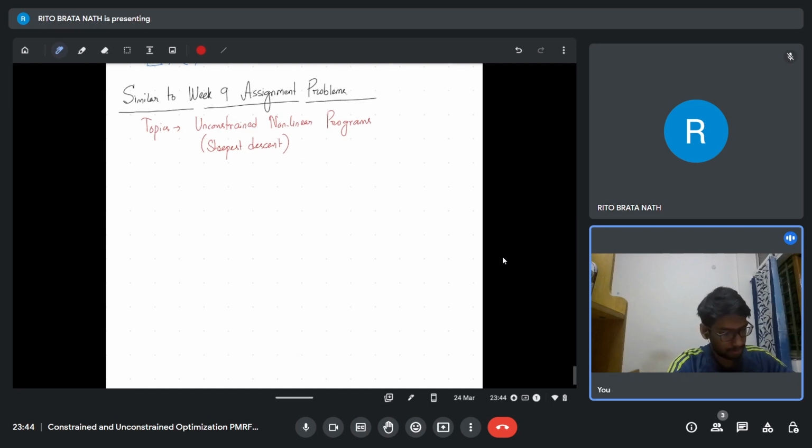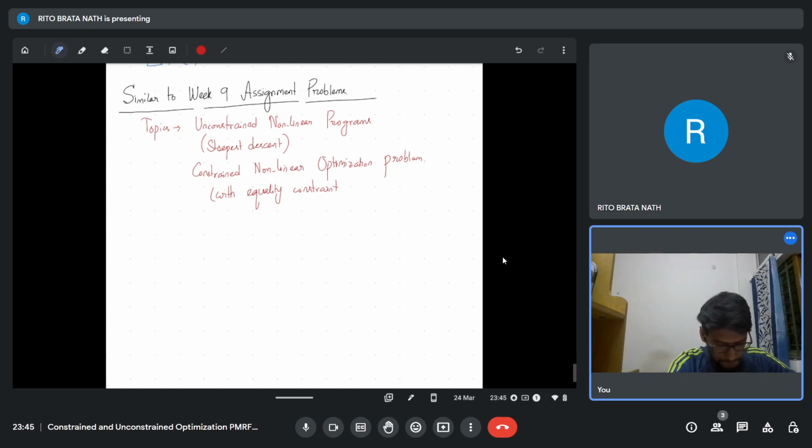Next is a constrained nonlinear optimization problem, mostly with equality constraints in this week. The week after that will be inequality constraints and so on, the KKT methods and those things.